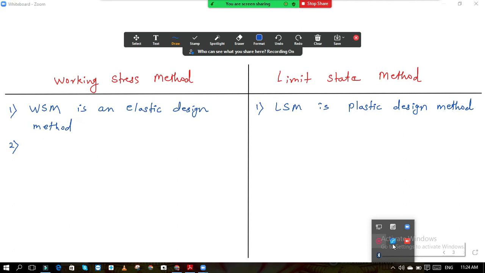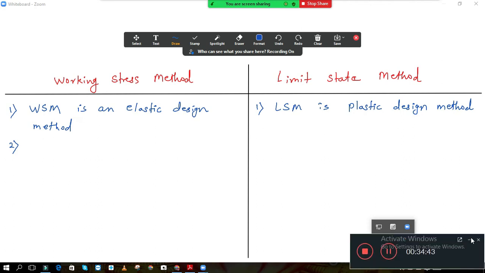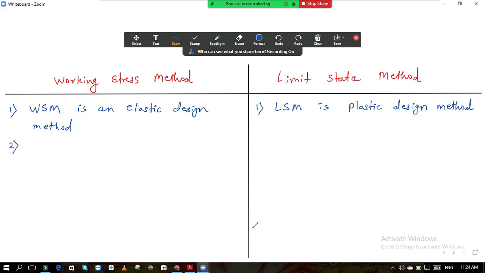Then the second point. In WSM, members are designed to never go beyond their elastic range. As long as stress and strain are directly proportional to each other, up to that point only we will consider the strength of the member, up to the point where the material obeys Hooke's law.